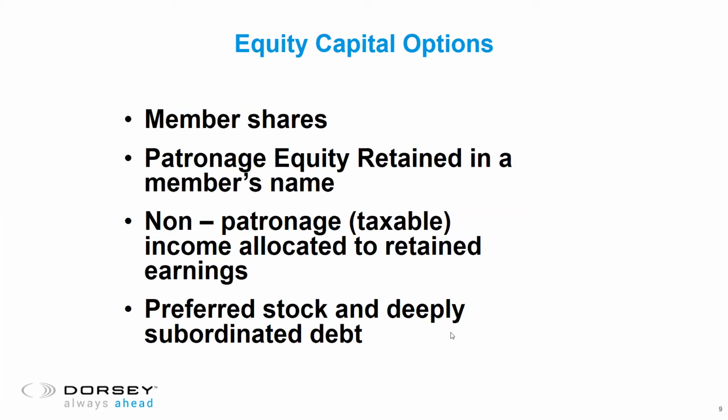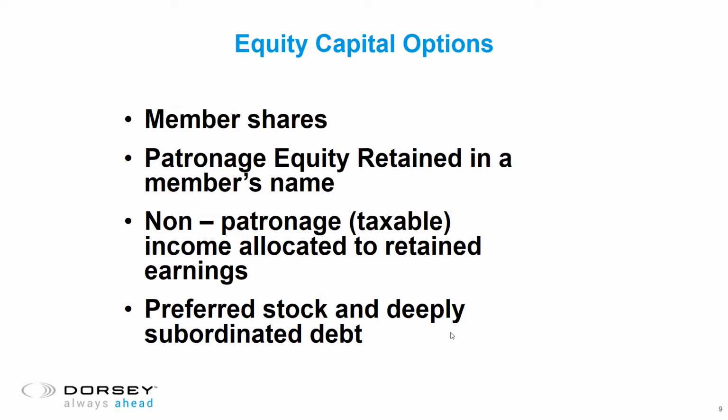When it comes to agriculture and electric, it's a little bit different. Agriculture co-ops will raise money from their members, but most of it's through retention of part of the earnings as capital in a member's name. And that is great. It's not real fast.